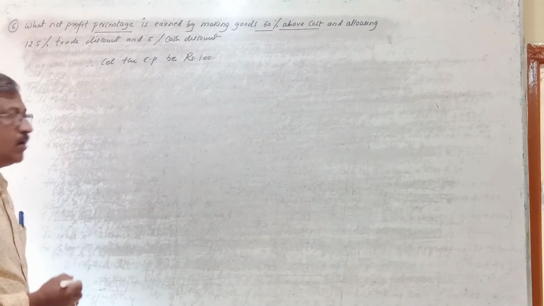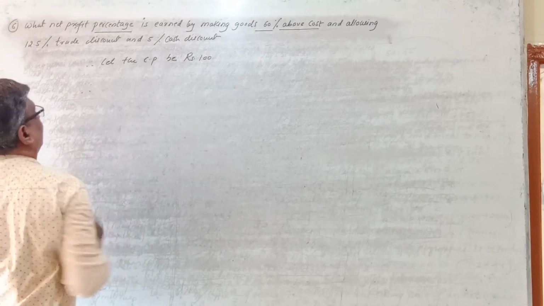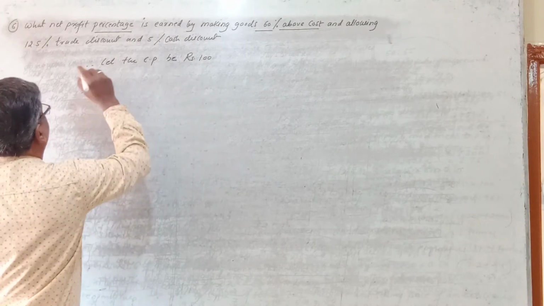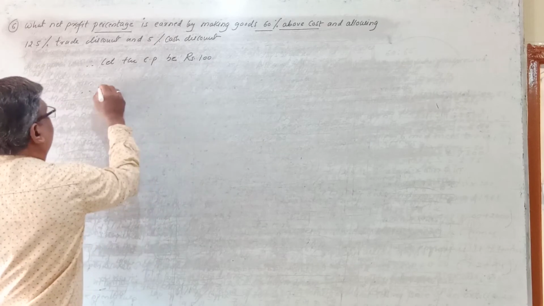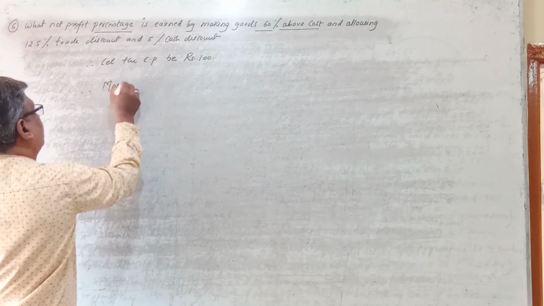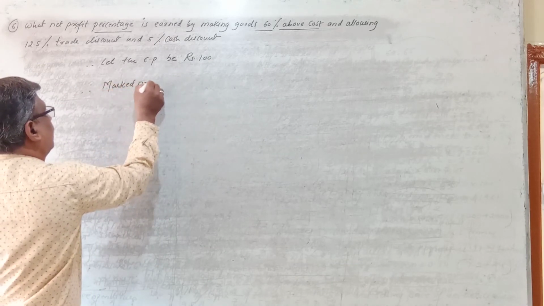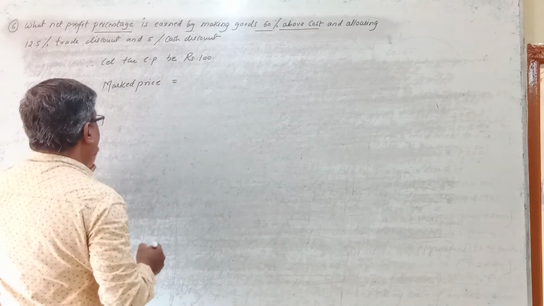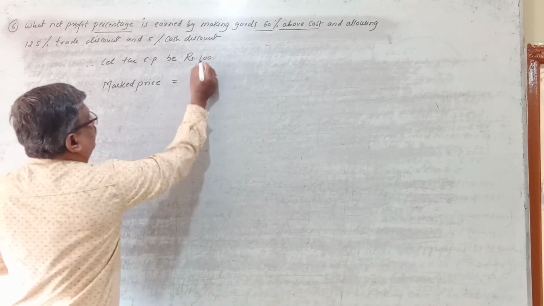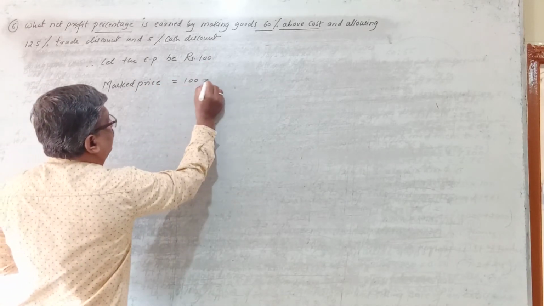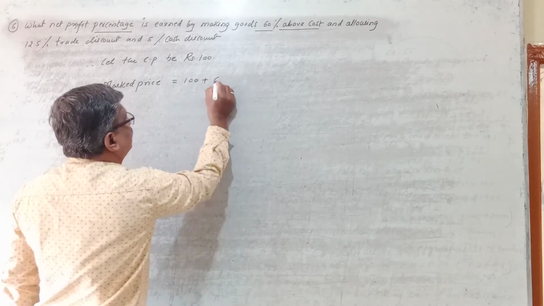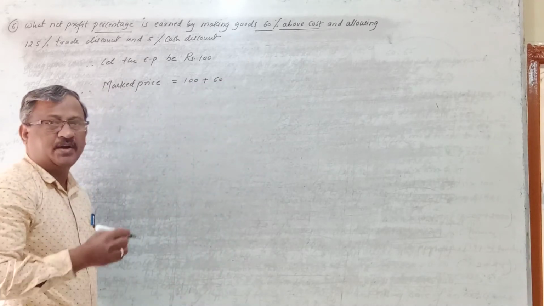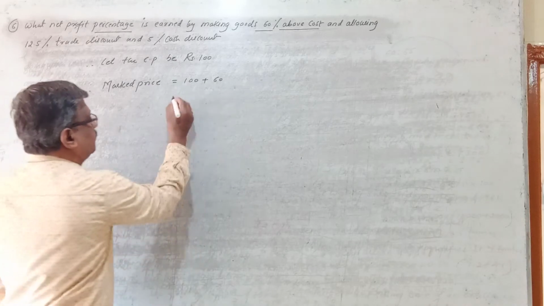Now first you calculate the marked price, right? Marked price will be this cost price 100 rupees. We have to increase by how much? 60 rupees. 100 rupees we have to increase by 60 rupees.